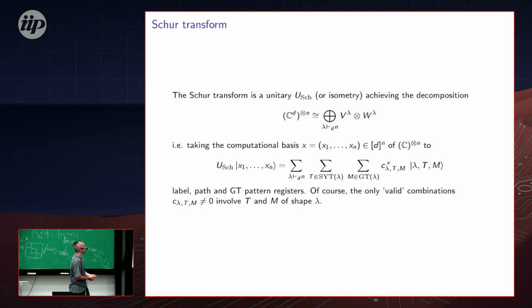It depends if you're implementing the Schur transform unitarily or as an isometry. I think it's easier to think of isometries here, going from one register to three registers, and the valid combinations of states that appear in this three register system are those with C T M different than zero that involve T and M of shape lambda.